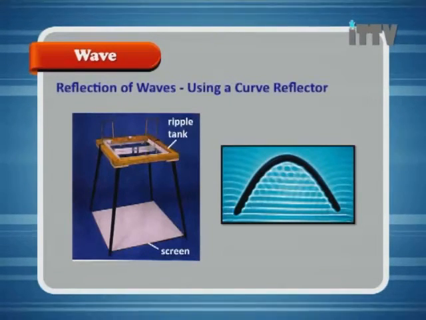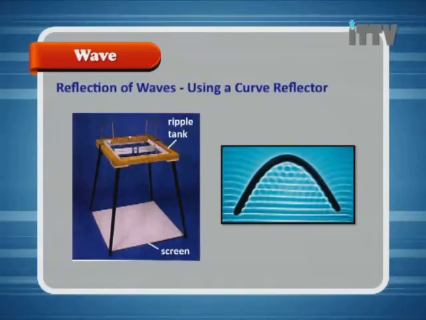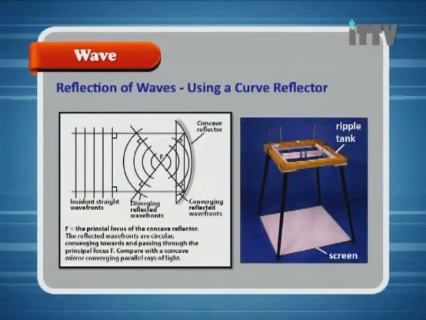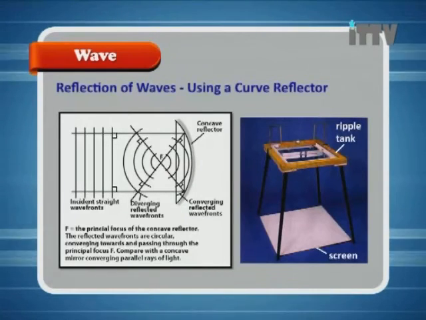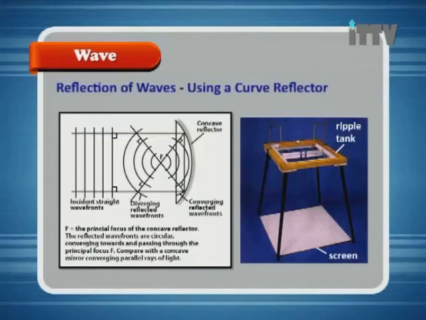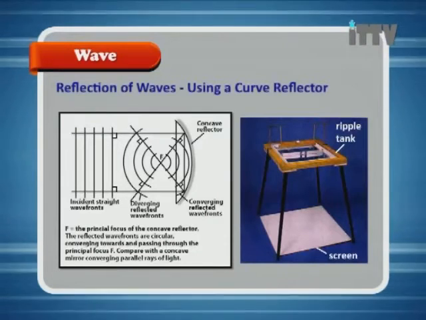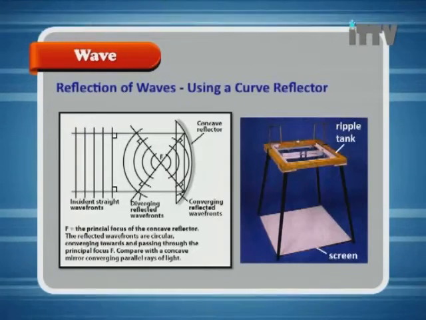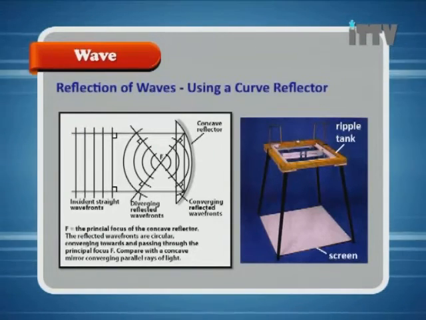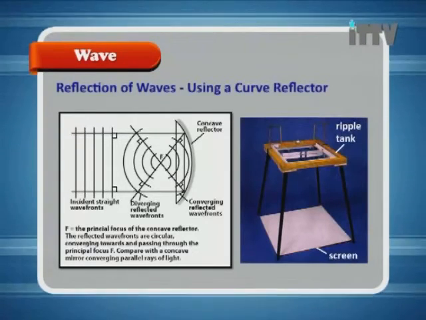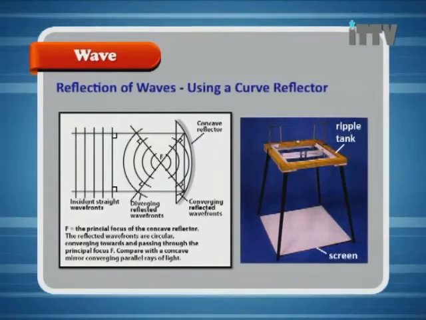Reflection of waves using a curved reflector. In this diagram, what you can see is we're using a concave reflector. The principal focus of the concave reflector is F. The reflected wave fronts are circular, converging towards and passing through the principal focus F. This can compare with a concave mirror converging parallel rays of light.